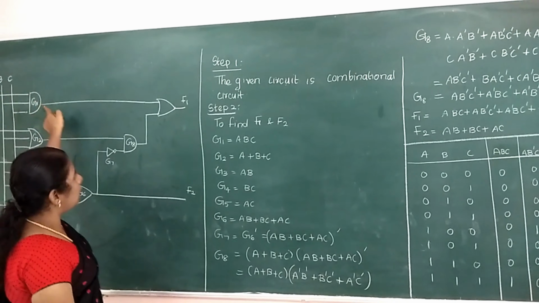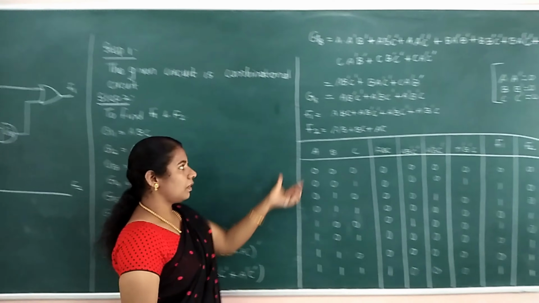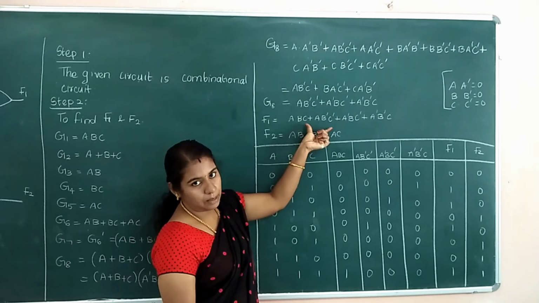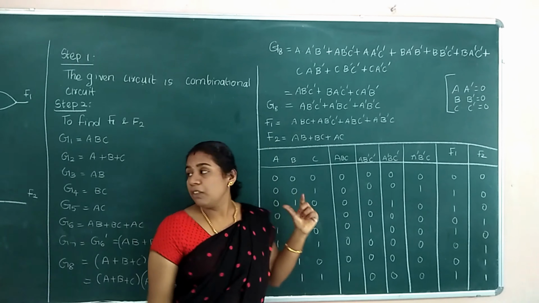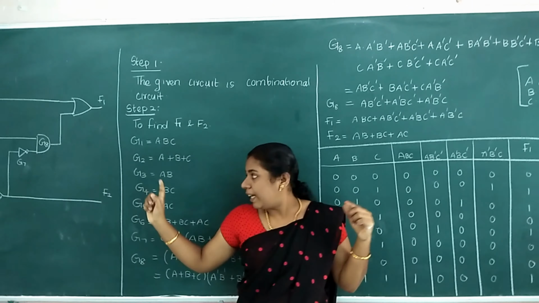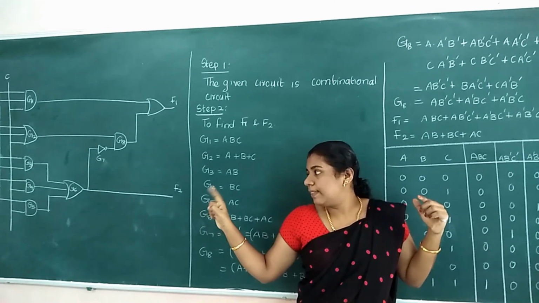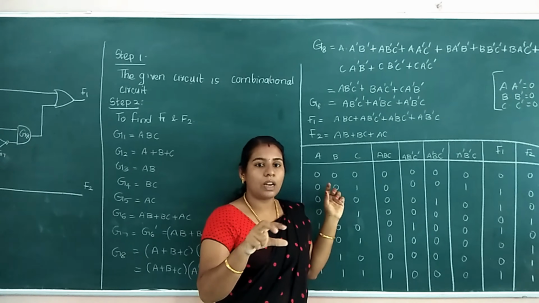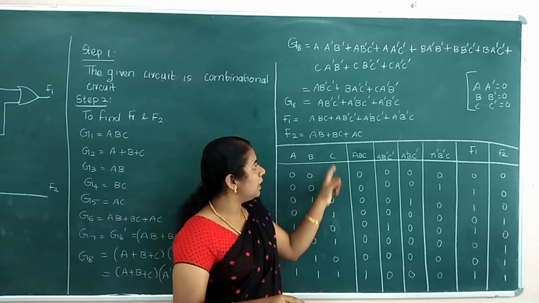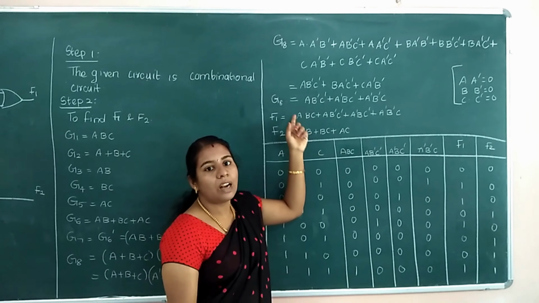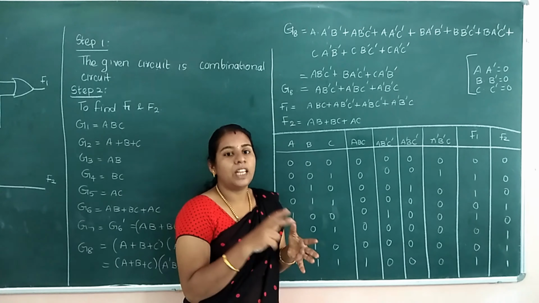G1 means ABC, so ABC plus this term. This is the output Boolean function of F1. Then F2 means G6. G6 means the OR operation of AB plus BC plus AC. Now we have the output functions F1 and F2.